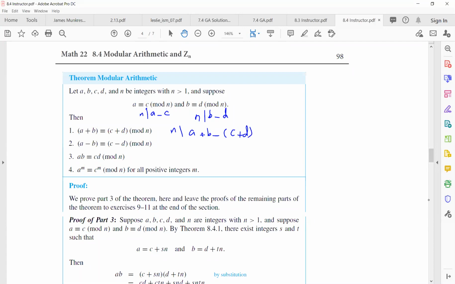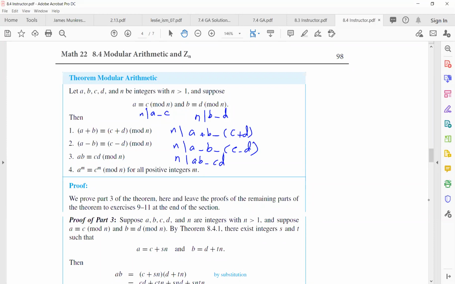The difference between a and b is congruent to the difference between c and d mod n. So n divides a minus b minus c minus d. If you multiply ab, then it's congruent to the product cd mod n. So n divides ab minus cd.